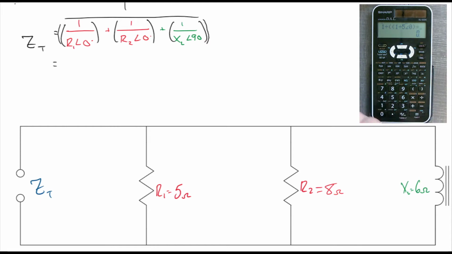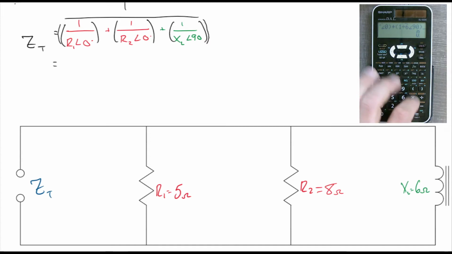Plus, bracket, 1 over 8 at 0 degrees, plus 1 over 6 ohms at 90 degrees.